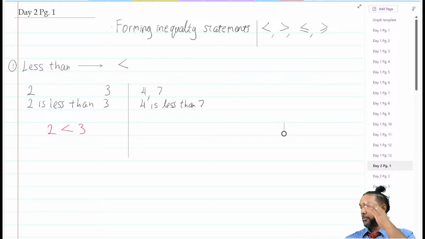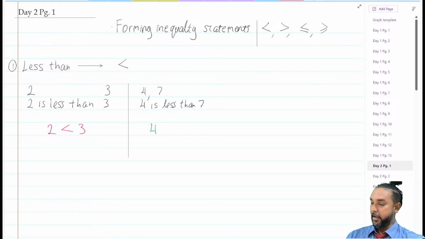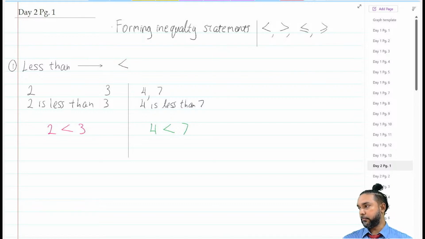I don't mean for it to come across like I'm treating you like you don't know what you're doing or like you're stupid. That's not the intention. It's to show you we start simple and we build up from there. I'm not taking for granted that people understand certain things, because I've done that in the past and it didn't turn out well. Right? So 4 is less than 7.